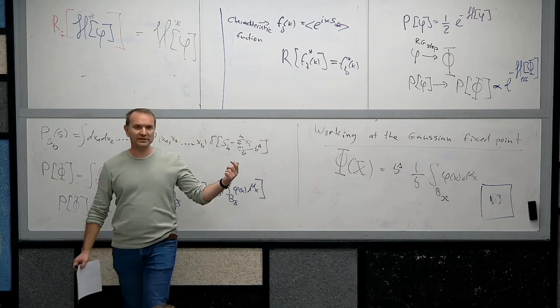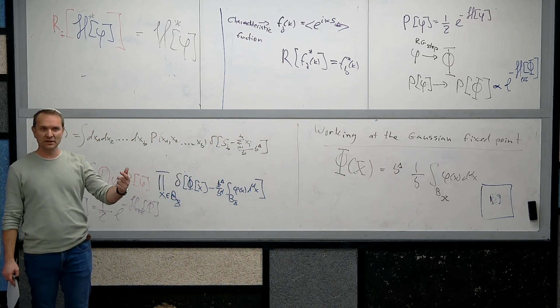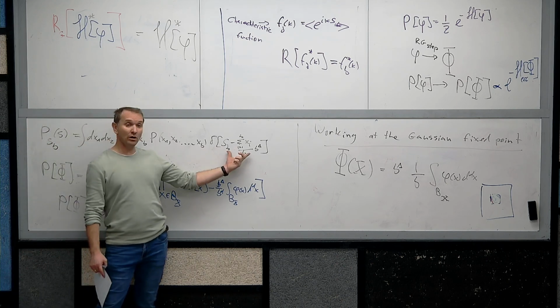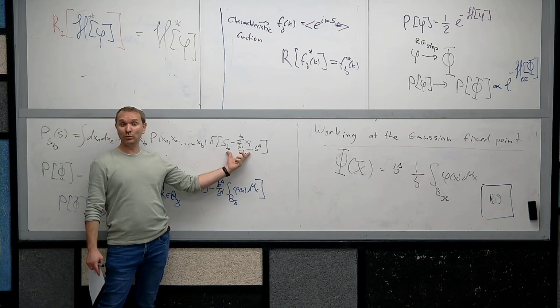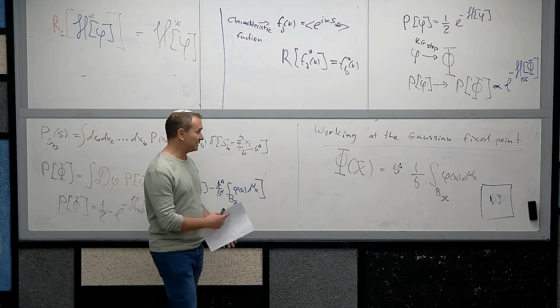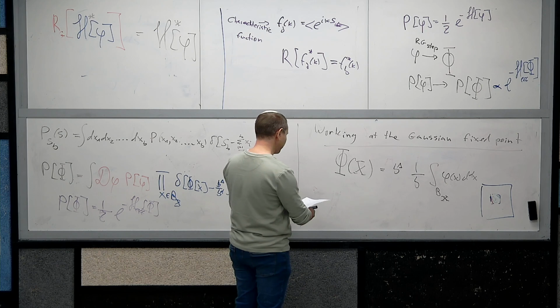Now I want to understand what this operation does in the Fourier space. I also did exactly this for random variables: I looked at a single random variable in Fourier space. So what we do, we say the following.